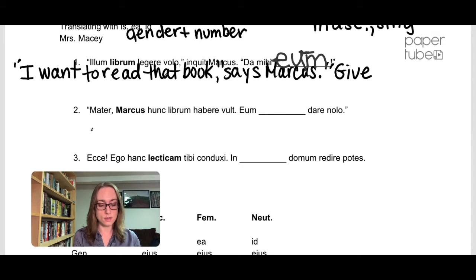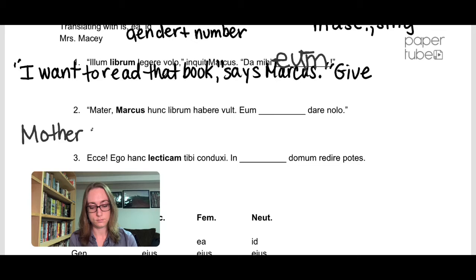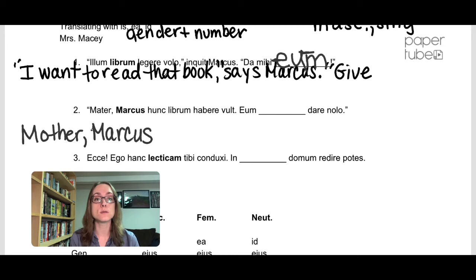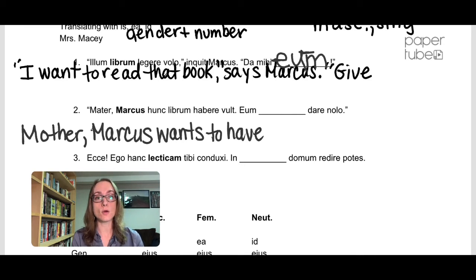So let's start translating. Mater, Marcus hunc librum habere volt. Mater is mother. Mother, Marcus. Someone's tattletaling. That's what's going on in the sentence. Mother, Marcus wants, habere, to have, hunc librum, this book.